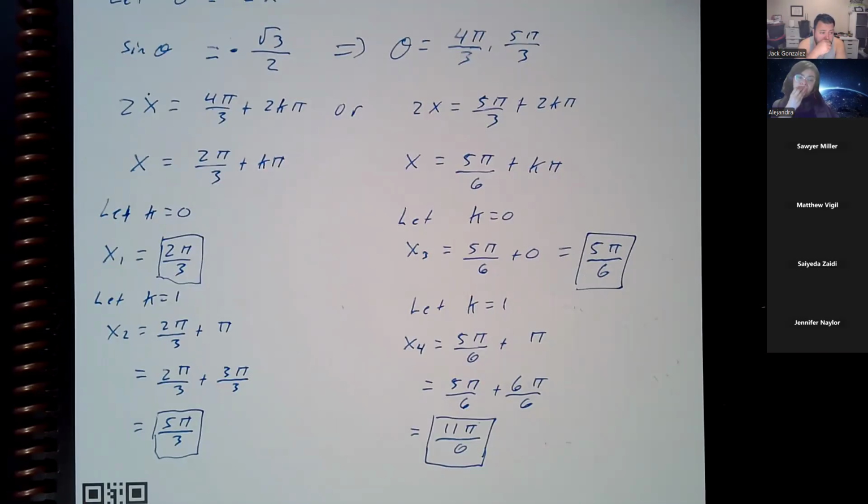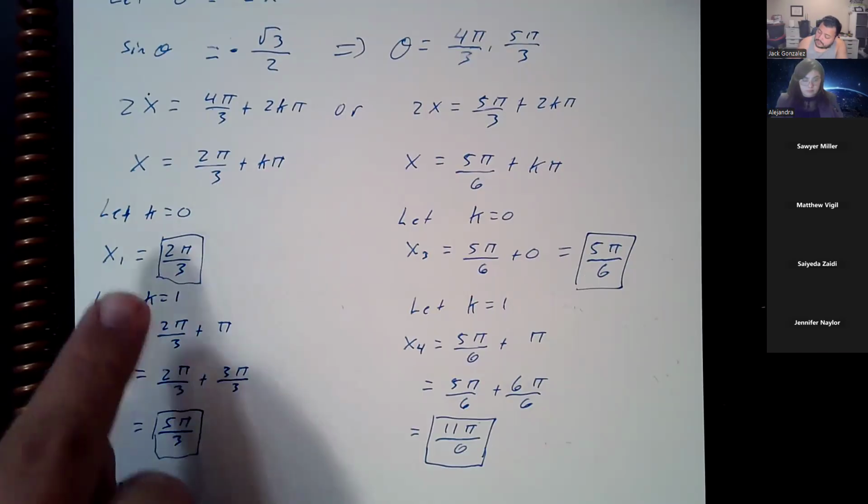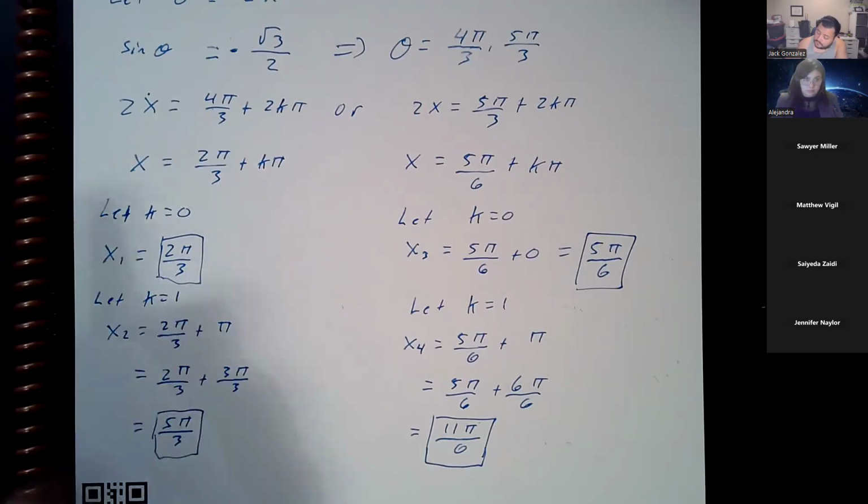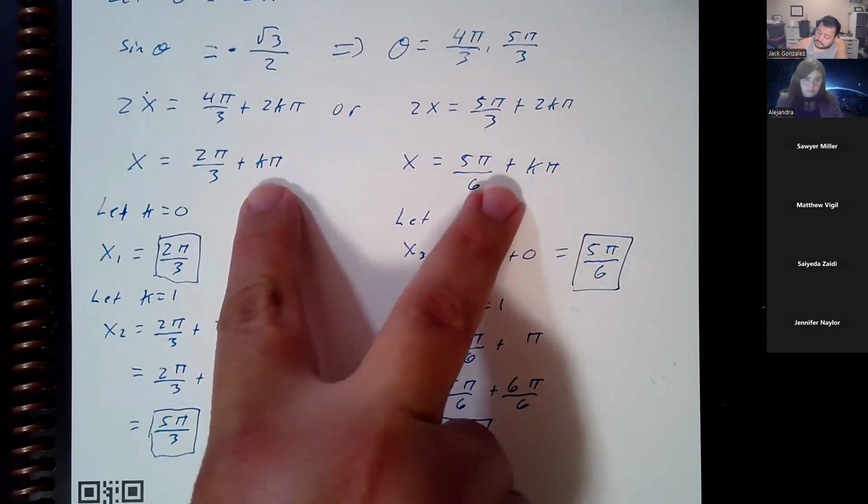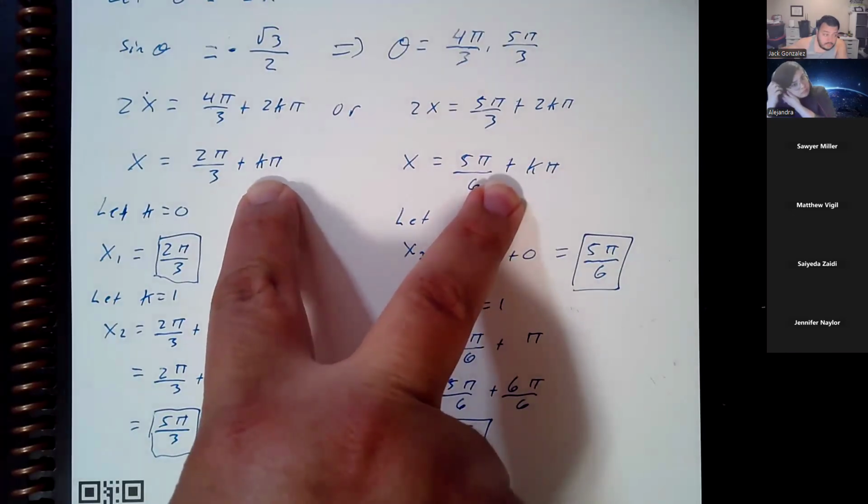I'm a little confused, I guess why we decided to add 2k pi. I added that to help you find x1 through x4. So without this guide, it's not very easy to find it.